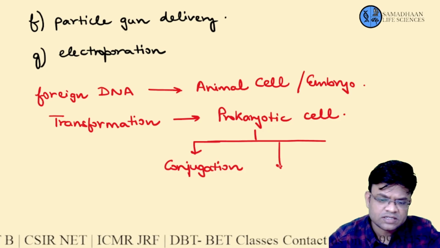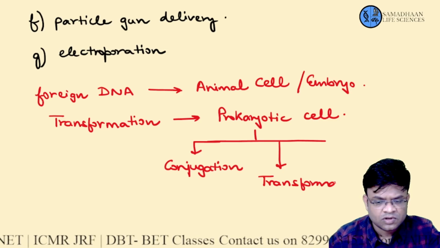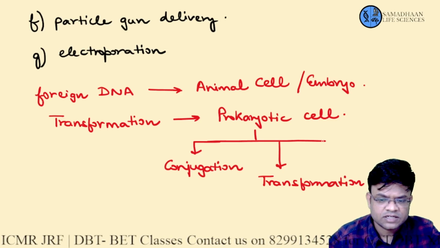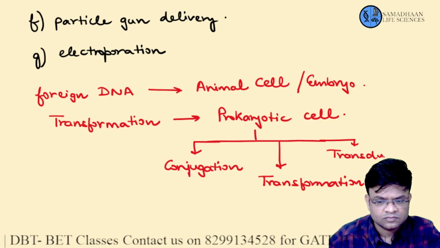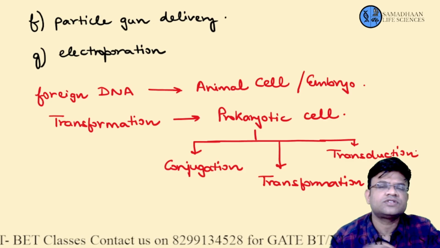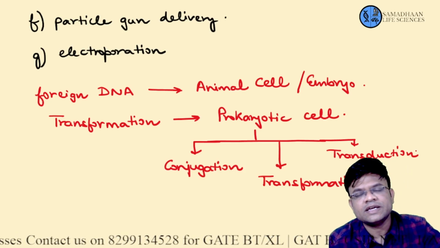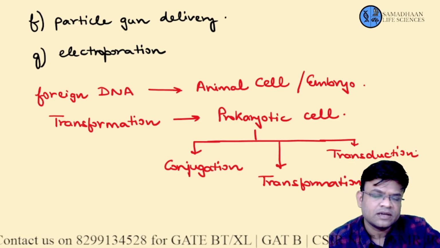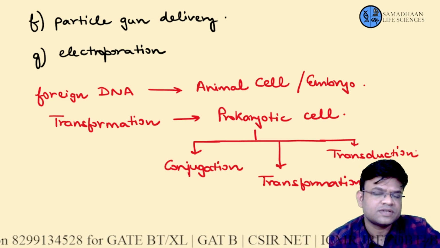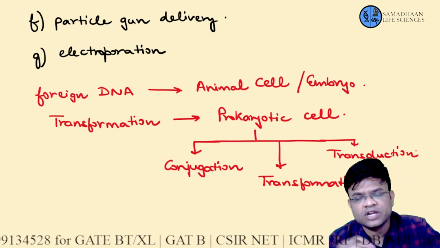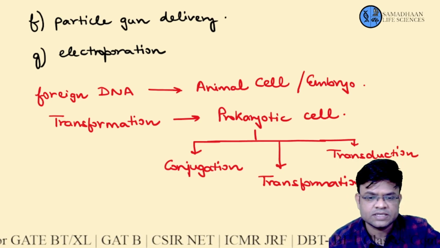So the next method is transformation, and the last method is transduction. So these are the three methods through which you can transfer a DNA fragment inside a prokaryotic cell. We would be talking about these in the upcoming lectures, but today, since this lecture was requested by a lot of students, I have decided to take up this lecture today.